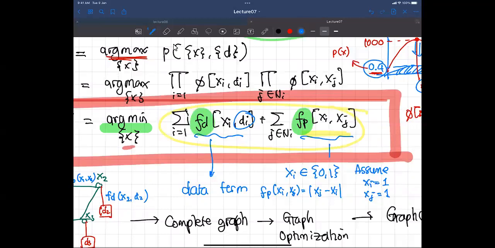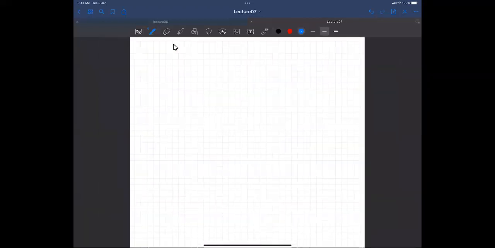Okay, so that's how we deal with Fp. Fd is a bit more complex, because now you have to consider the data term. But the idea is that Fd has to be 0 whenever possible. So we define Fd in such a way that these two terms can make the equation 0.